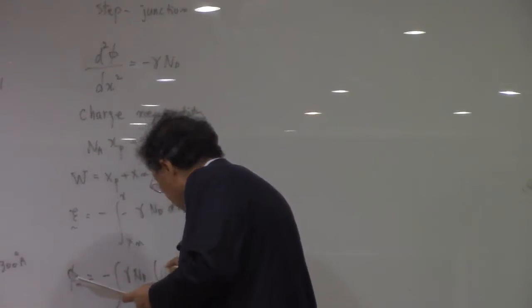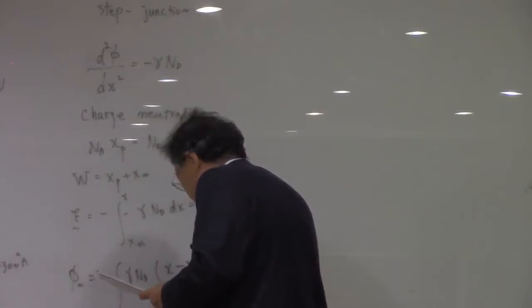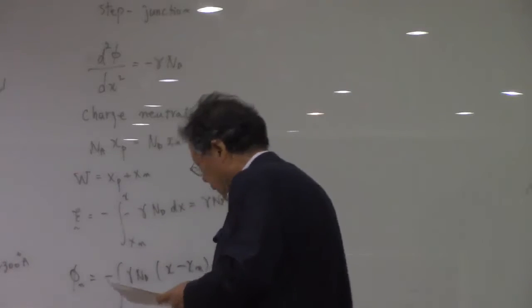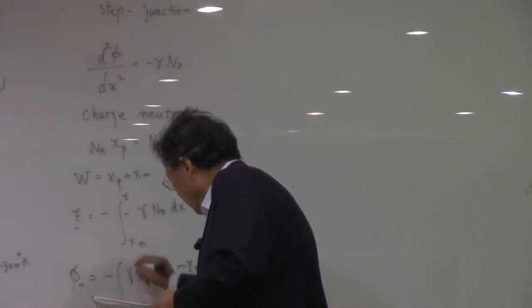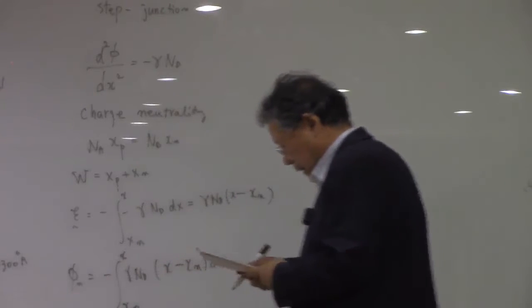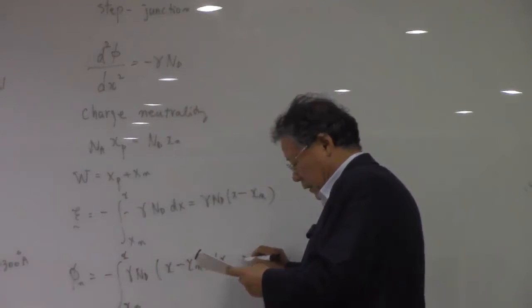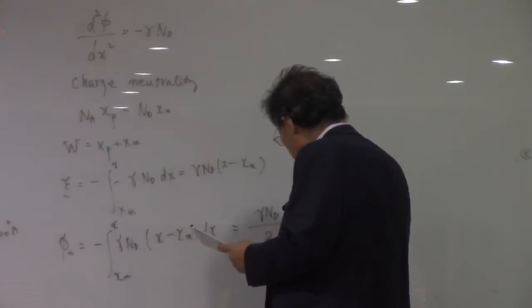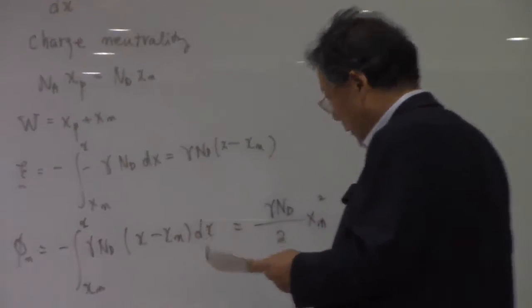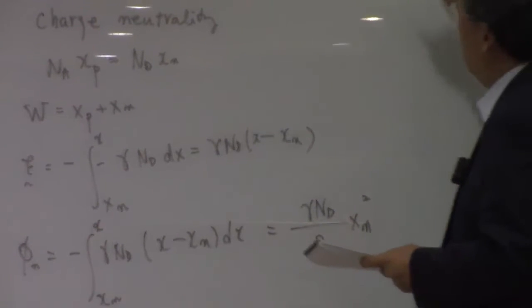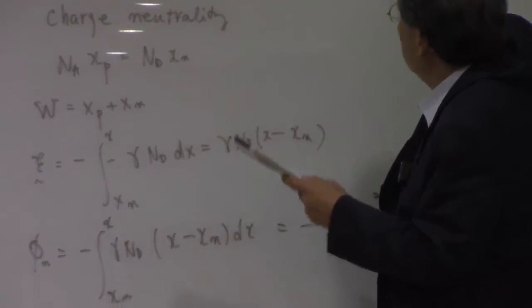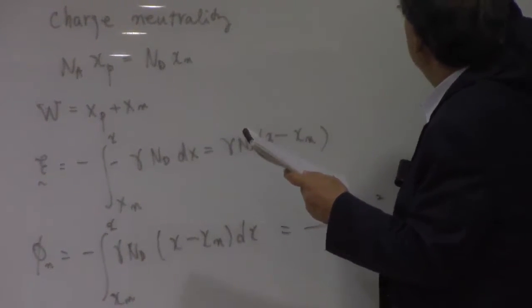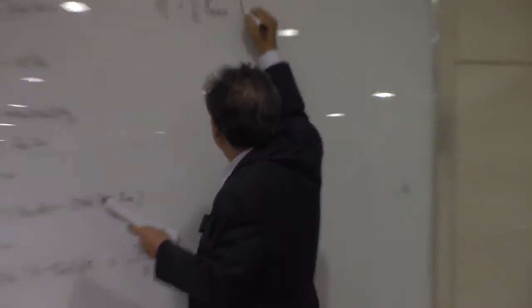You make an integral of this electric field from xn to x, and then you end up with gamma Nd over 2 xn squared. Okay, and then phi I, the built-in potential, is going to be Emax times W.